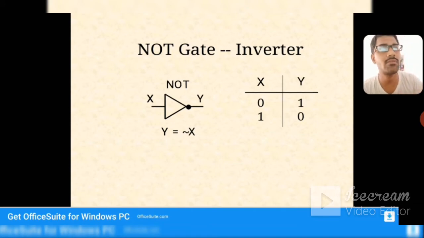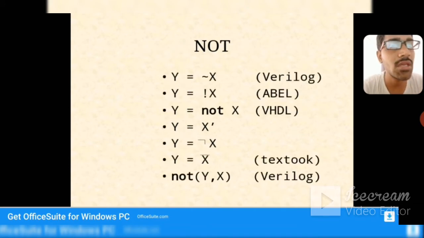A NOT gate can be represented in different languages in different types.